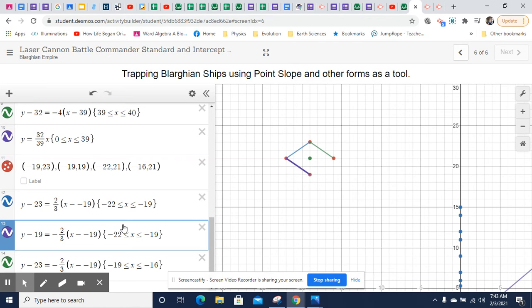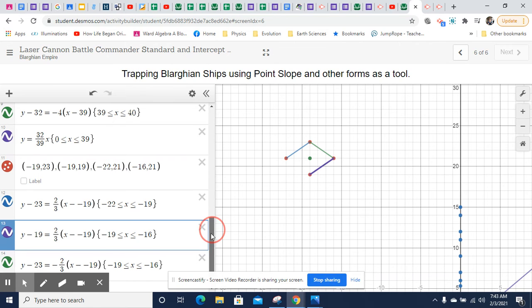And my slope is negative 2/3, which works between those 2 points. So if I didn't notice that, I could just do this. I could go over here and say, okay, I'm trying to go from negative 19 to negative 16 because those are the x values of these 2 points, and that's the low end and the high end. I could have easily used the y values as well.